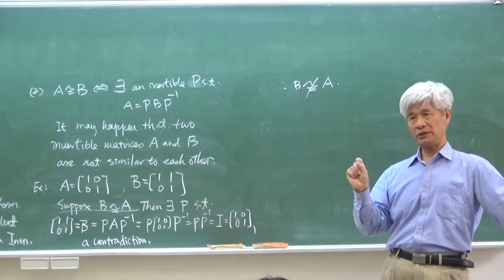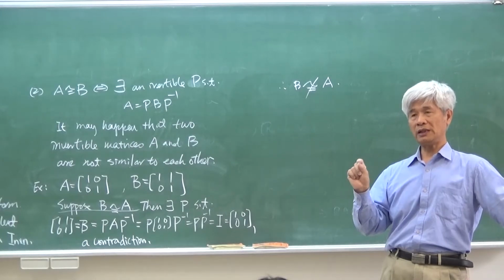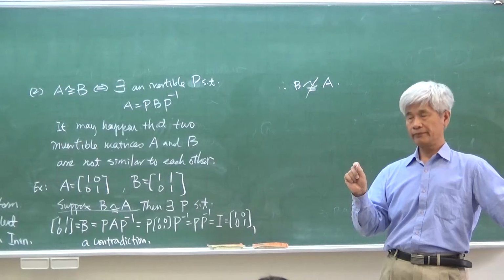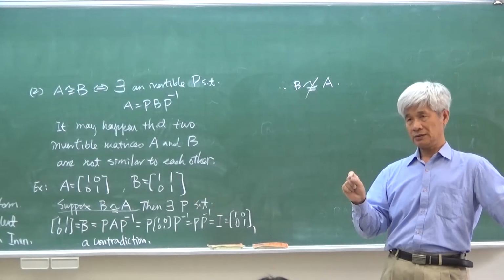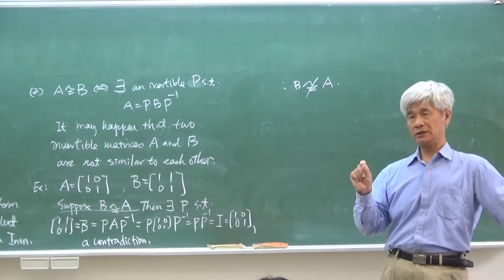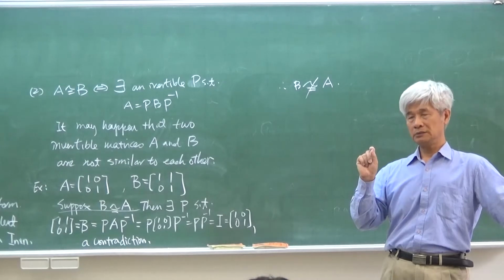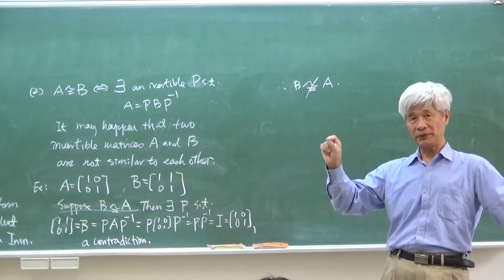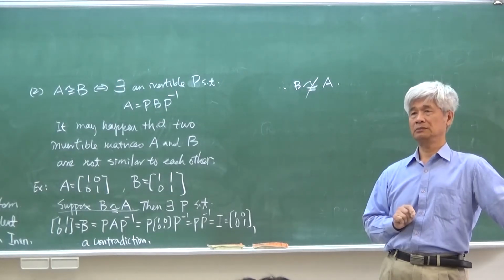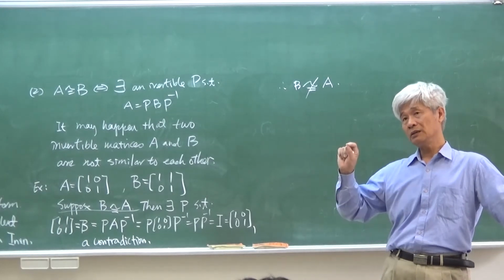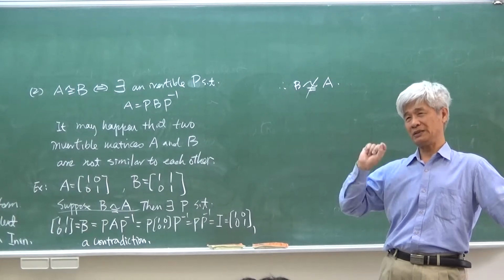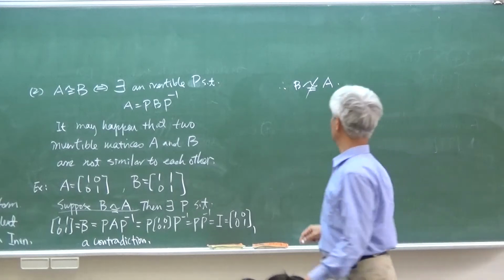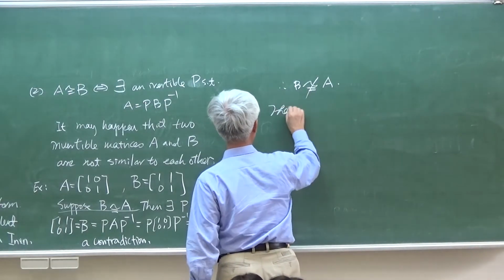Suppose we have two matrices that are similar to each other. Can we say that these two matrices are the two matrix representations of a certain linear operator relative to two different bases? Can we have this result? So here is the theorem.